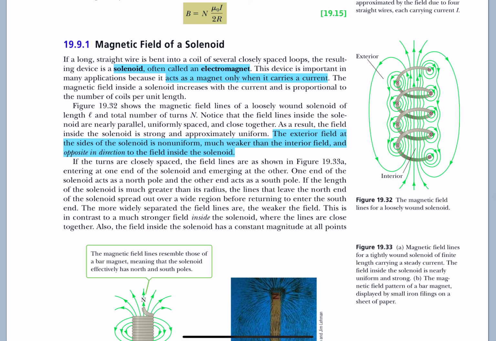Again, this coil of wire with multiple loops is called a solenoid or an electromagnet. If you change the direction of the current in the wire, you change the magnetic field. If the North Pole was at the top, now the North Pole is at the bottom.